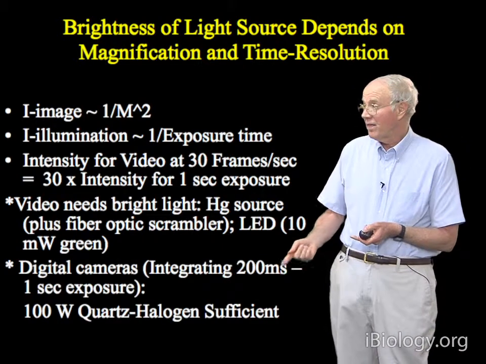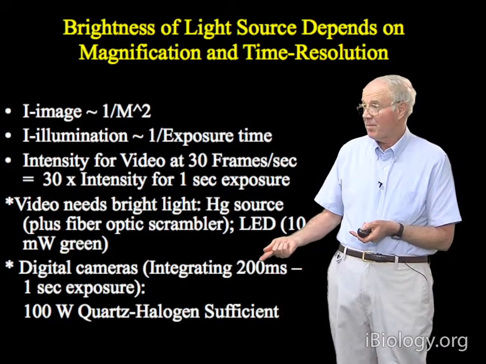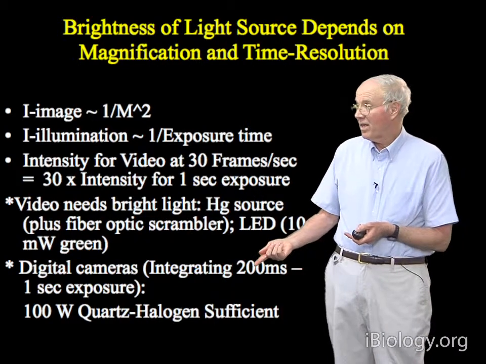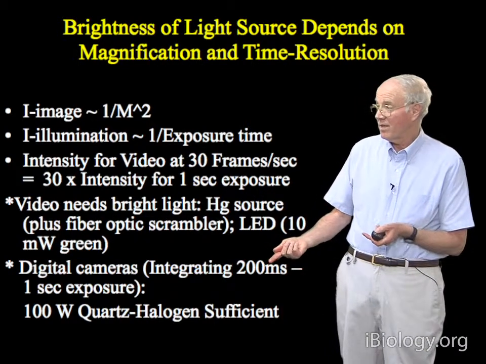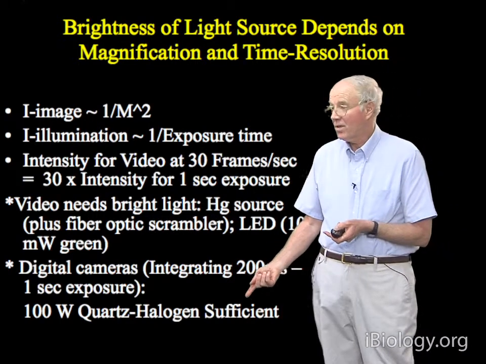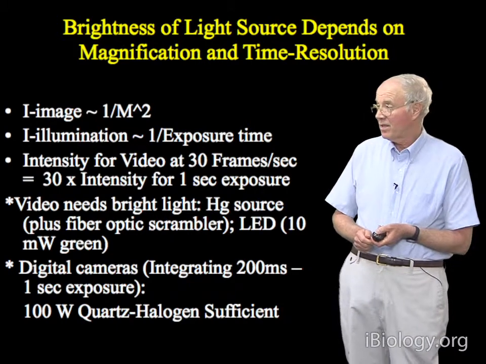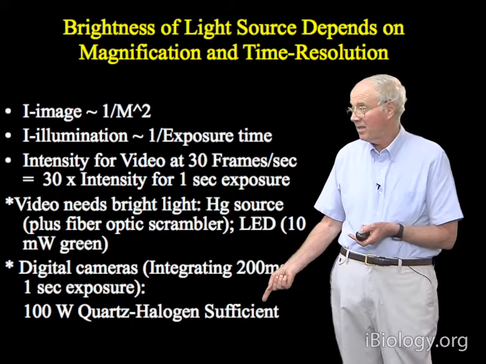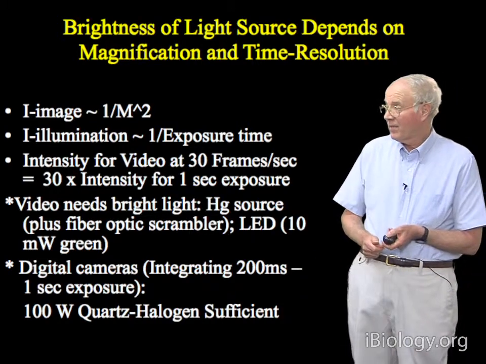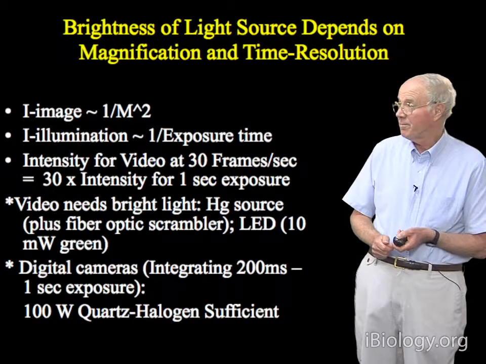On the other hand, if you're doing time-lapsing of things happening in cells at slow rates and integrating for, let's say, 200 milliseconds to a 1-second exposure, then even a quartz halogen lamp is sufficient, again using heat reflecting filters and green light filters if you're going to do live cell work.